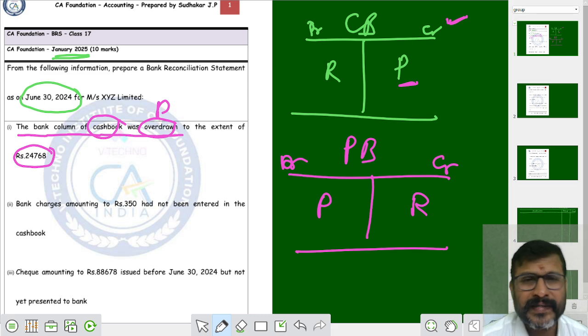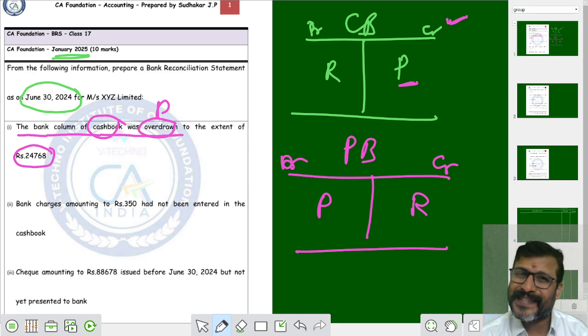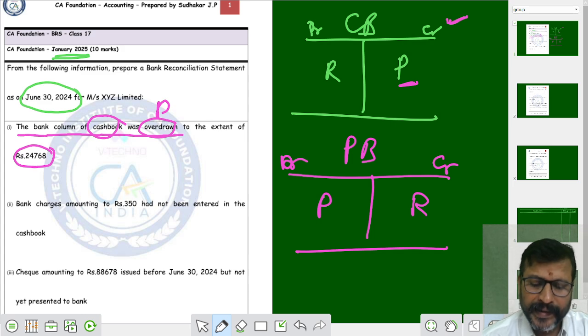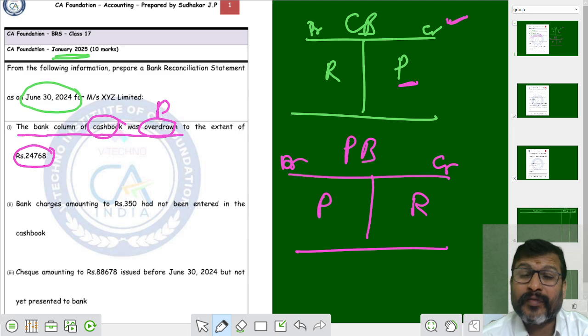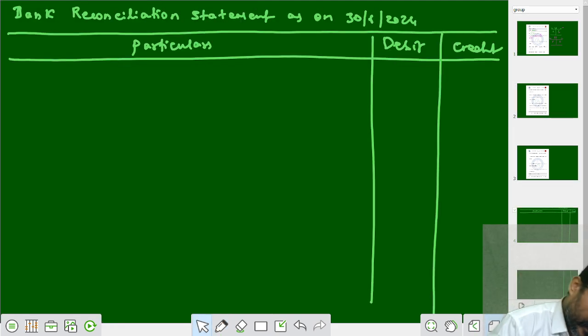As it is the first transaction, we know very well from class 1 that the transaction is to be recorded in the same place. I mean, it is to be recorded on the credit side of your BRS.